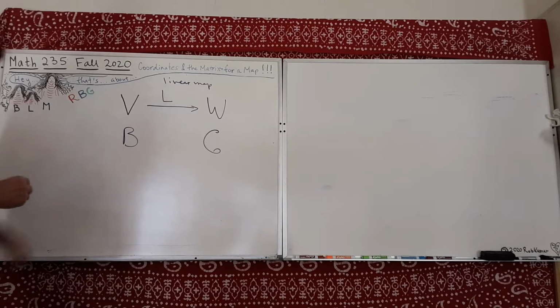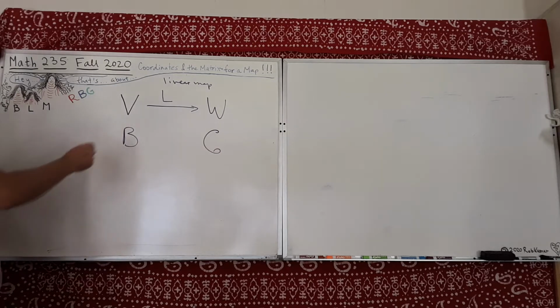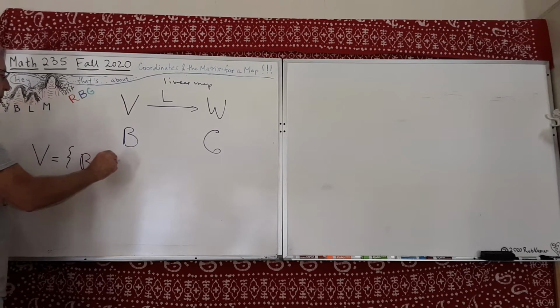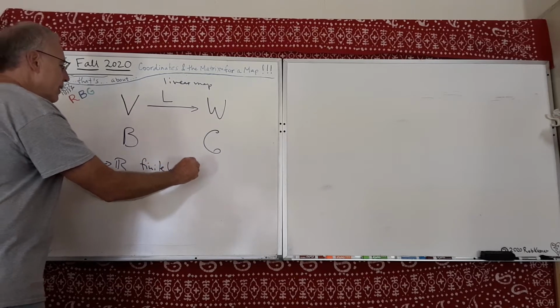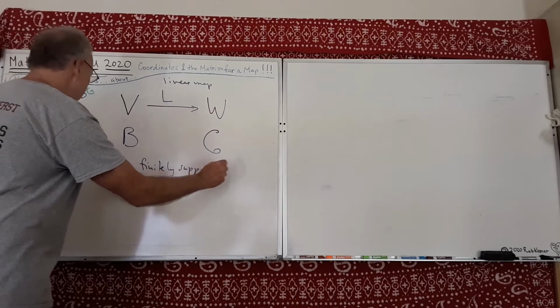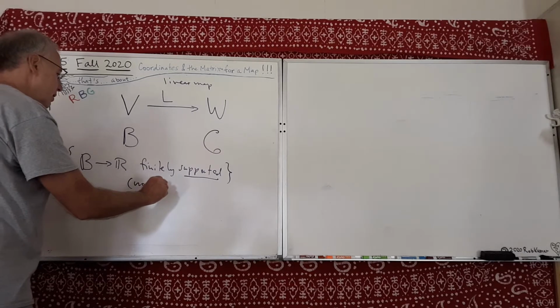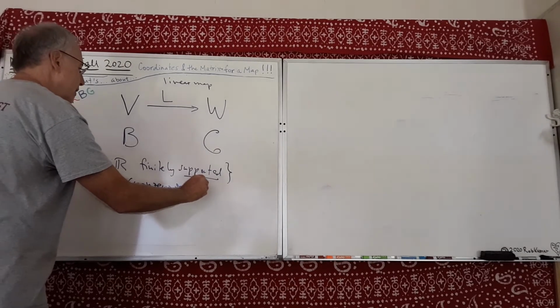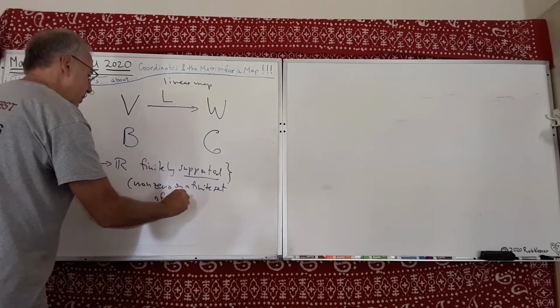So this could be R^n and R^m, but it could also be something infinite dimensional. If you like, we talked about this in one of my sections, you could think of V as the functions from B to the real numbers that are finitely supported, meaning they're non-zero only on a finite set of vectors in B, of these basis vectors.